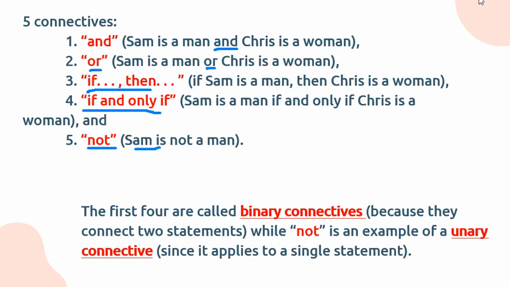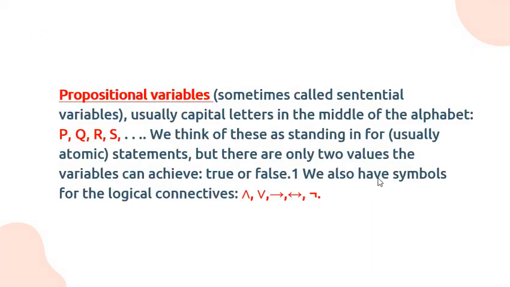So to analyze logical connectives, we can consider what are called propositional variables, sometimes called sentential variables, usually capital letters. These are just variables, and we think of them as standing in for our statements, and later we will use these variables.